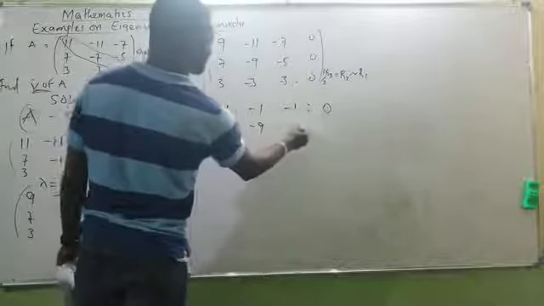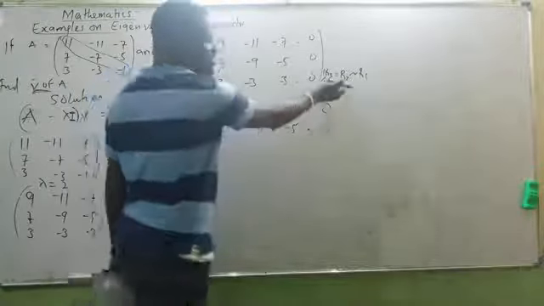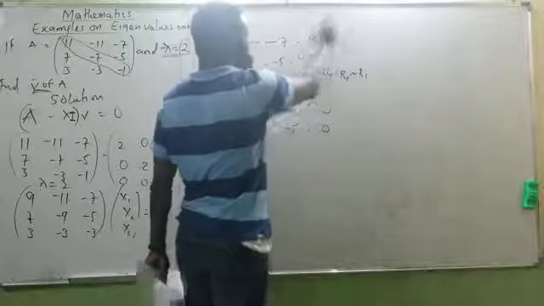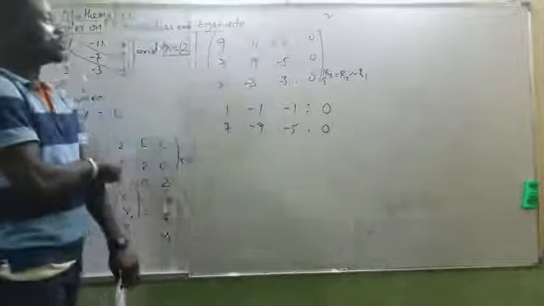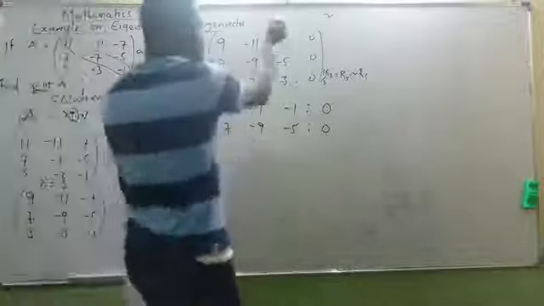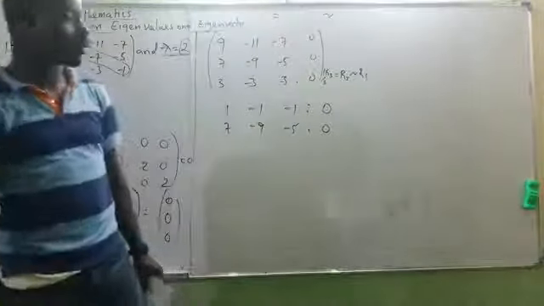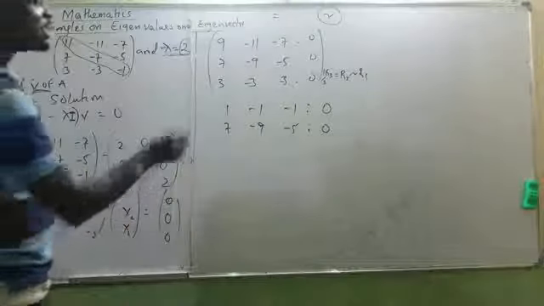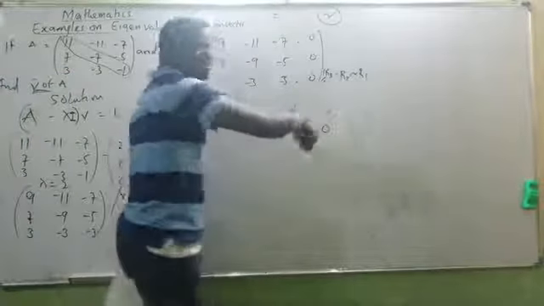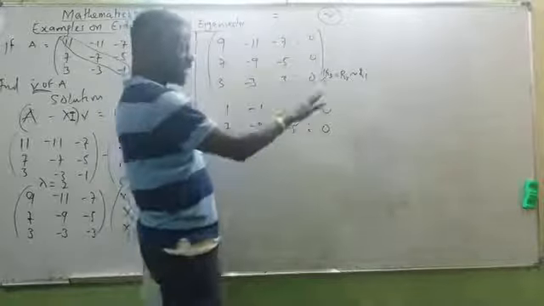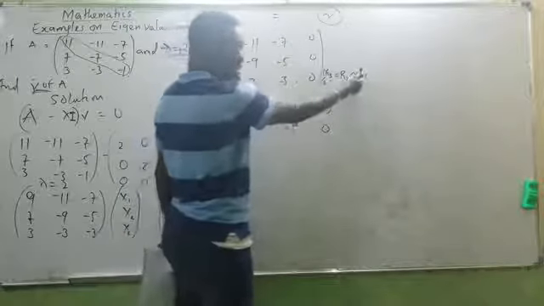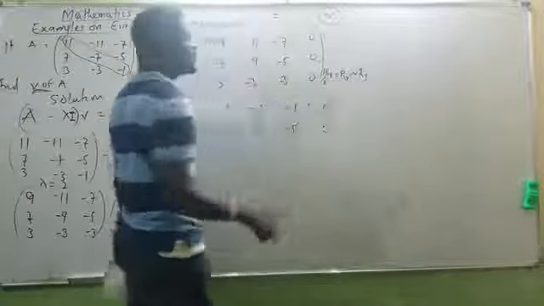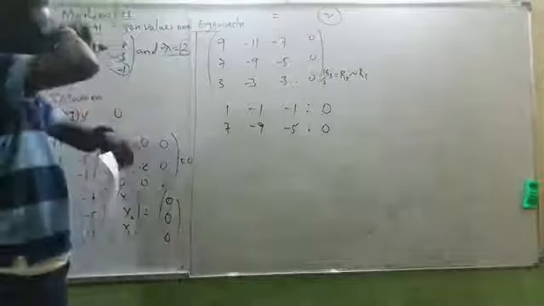Please, this notation is very important. When you see something like this, it means I'm doing row reduction, not equals; there is a difference between equal and this. Also, I switch row 1 to row 3. Please take note of those things.